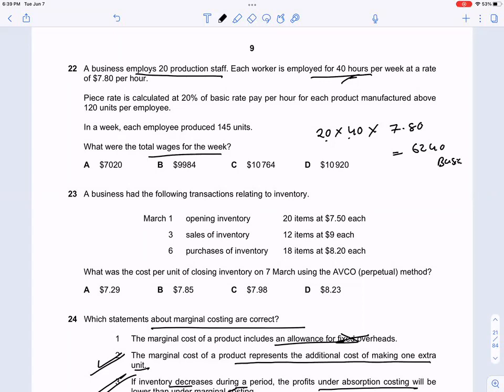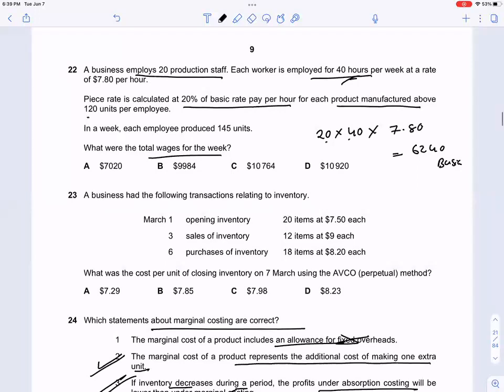Piece rate is calculated 20% of basic pay rate per hour for each product manufactured above 120 units per employee. In a week, each employee produces 145 units. Calculate the piece rate. 25 units are extra.